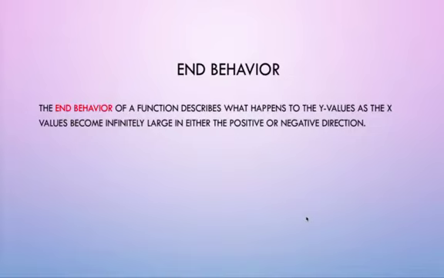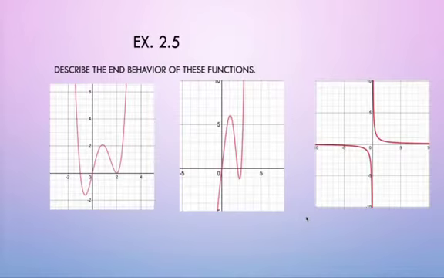The end behavior of a function describes what happens to the y values as the x values become infinitely large in either the positive or negative direction. So we always say as x approaches negative infinity, so that's going to be talking about the left-hand side of the graph. So what does this function do?